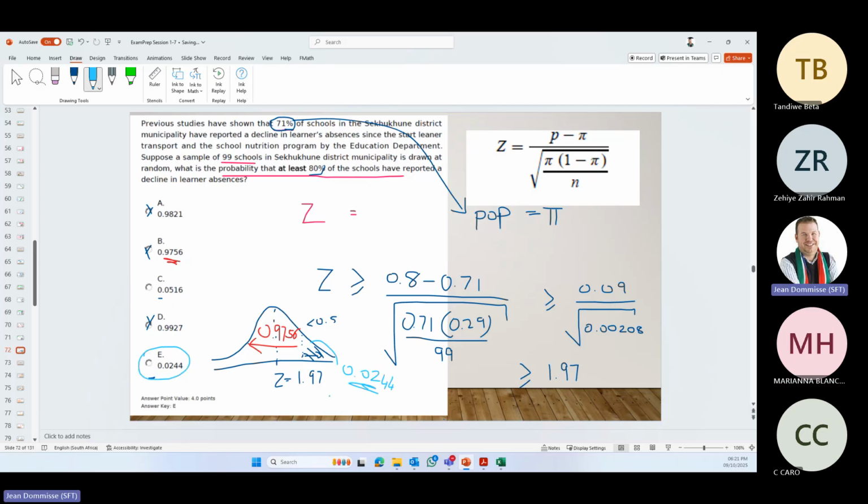So that's one way, or we could have said, I remember from which study unit, because we're looking at this area, symmetry will give me that it's the same at that side. So if I look at something that's smaller than minus 1.97, we'll get the same.